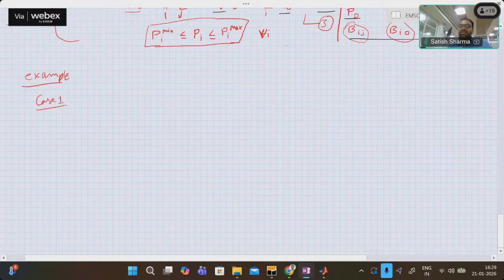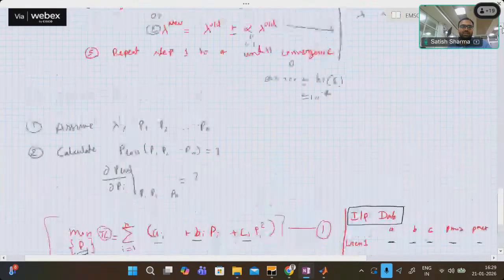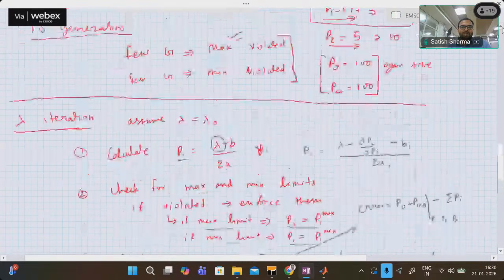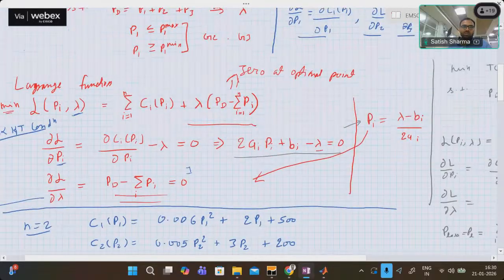If you have missed the class earlier, let me go back to what we discussed in the morning. You can see this particular part. This is our simple economic load dispatch.